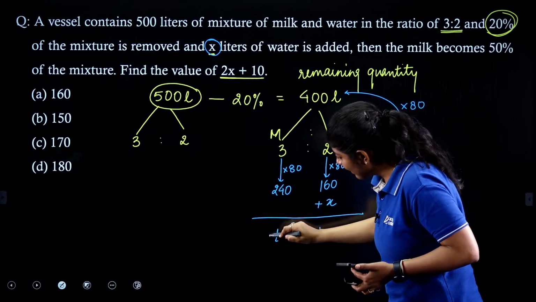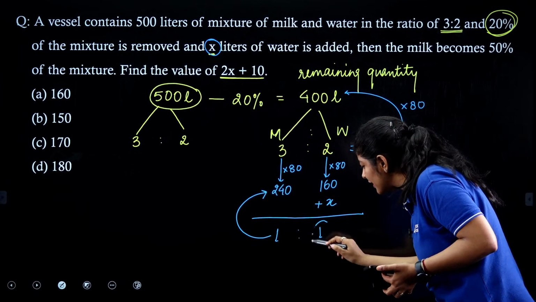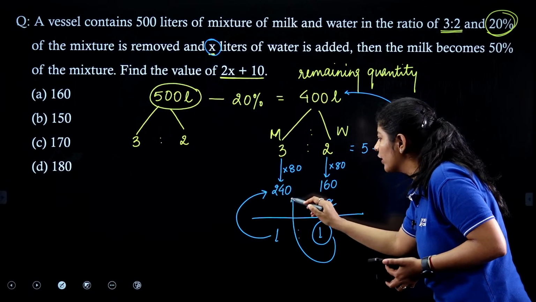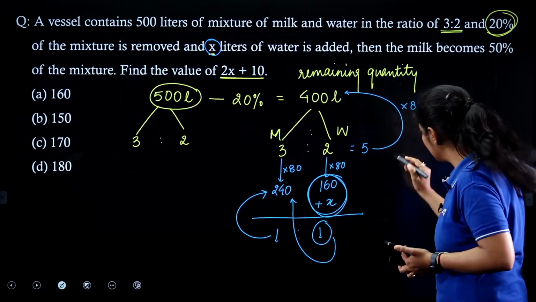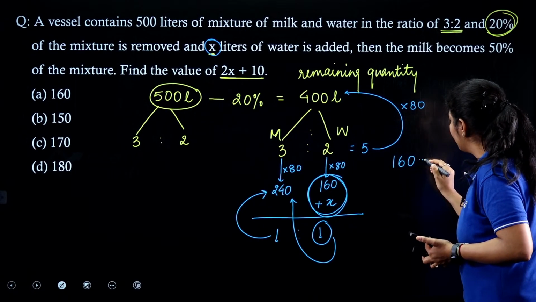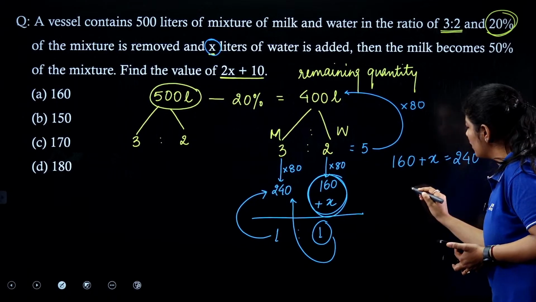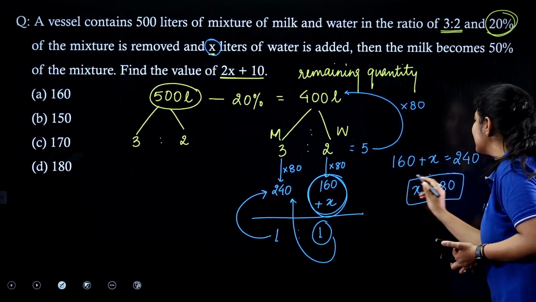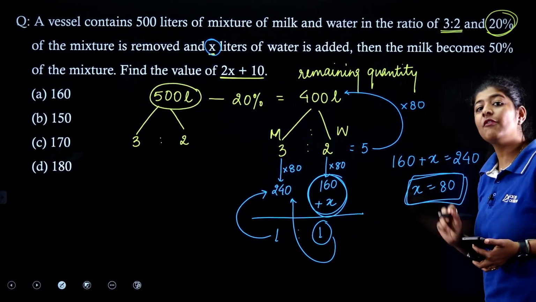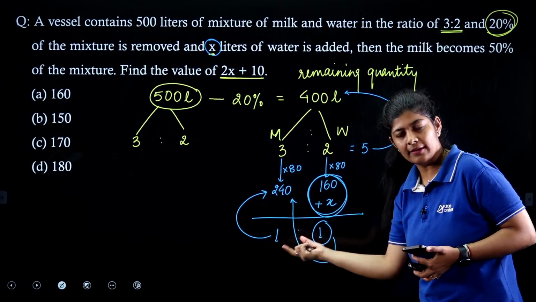If the value of 1 is 240 over here, that means the value of this one is also 240. That means we want to make this value 240. So 160 plus x is equal to 240. So the value of x that we are getting over here is 80. That means we added 80 liters of water in it just to make our ratio 1:1, right?